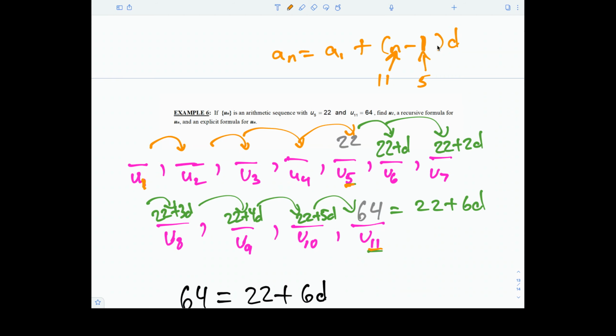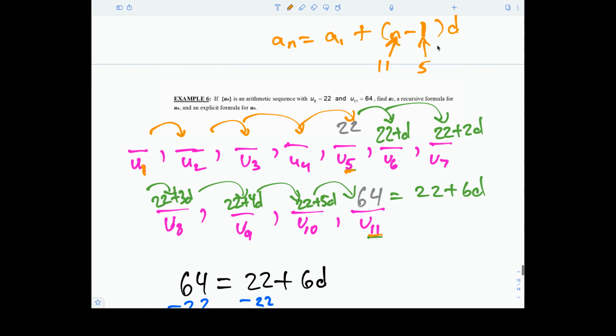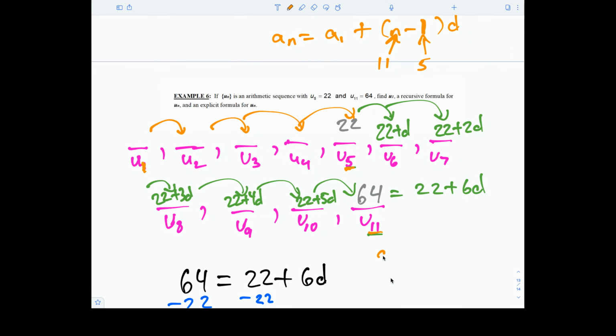Okay, so now we can say, I guess I should write the formula. a sub n equals a sub 1 plus n minus 1 times d. I don't know what the first term is, so I always want to call it a, and here they're calling it u.